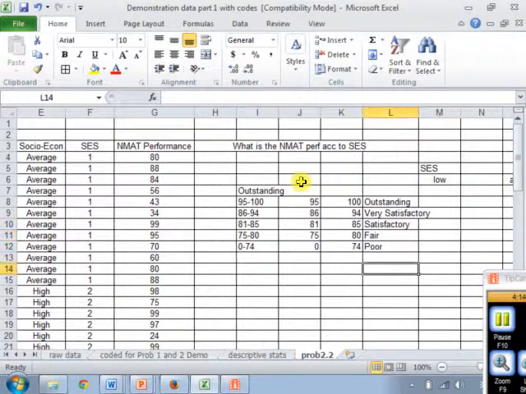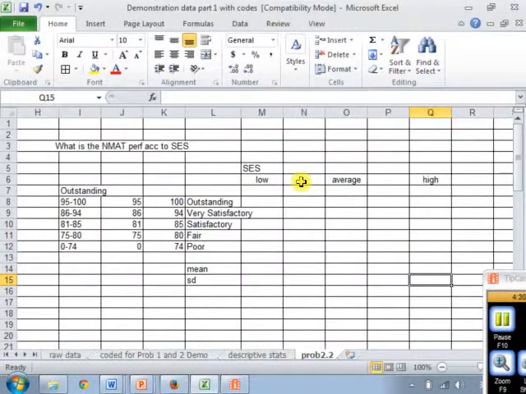But I'm also interested, what's the mean of the NMAT performance among those who are in the low? What is the standard deviation? Right? What were our results earlier? We just counted how many are low socioeconomic status without considering performances.